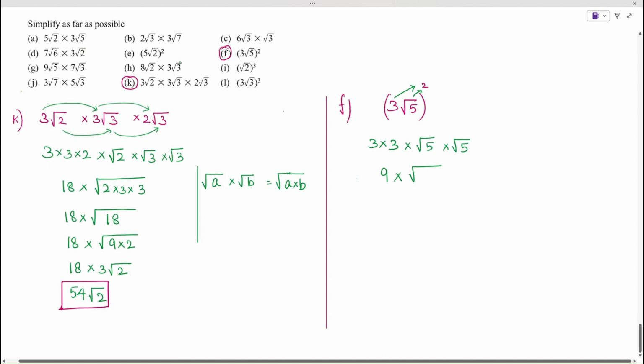That gives us 9 times root 5 times root 5. And so due to our surd rules, root A times root A is equal to root of A squared, which is equal to A. So it'll be 9 times 5, which is 45.